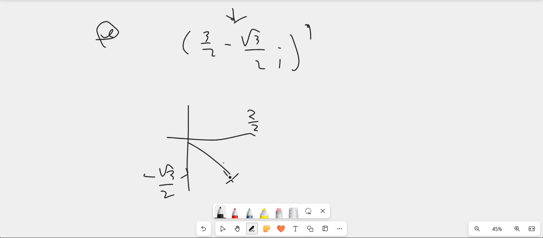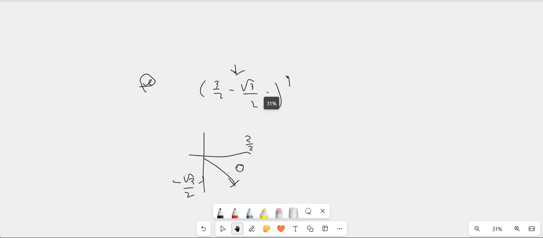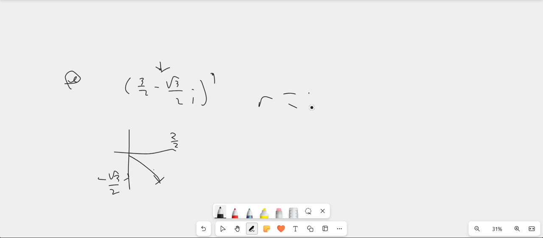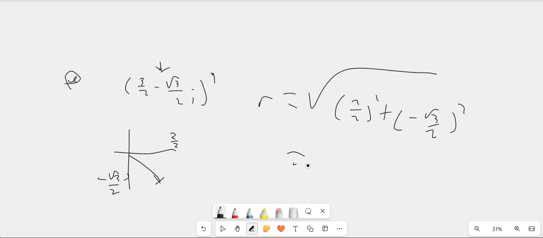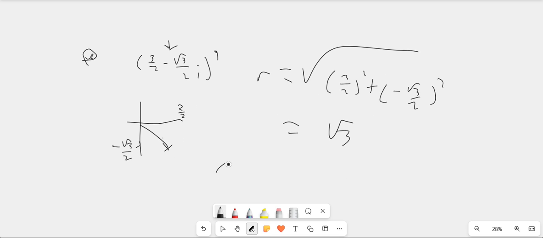And then r is going to be the square root of 3 over 2 squared plus minus root 3 over 2 squared, and that's going to give you root 3, yeah? And then theta is going to equal minus tan inverse here of root 3 over 2 over 3 over 2. That's going to be minus pi over 6 here.